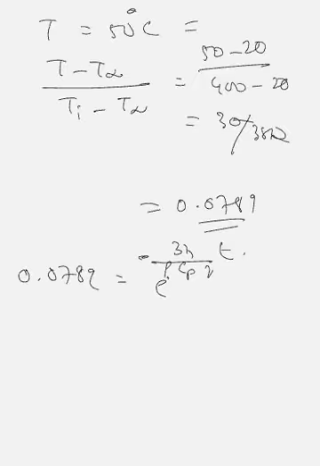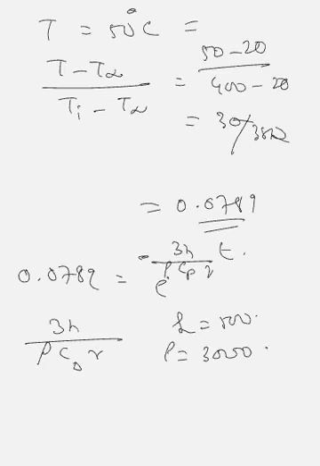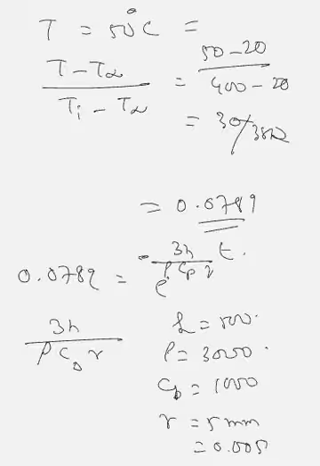Okay, so now compute the constant term carefully. So now calculate 3h by rho into Cp into R. Now substitute the values. H is equal to 500, rho is equal to 3000, Cp is equal to 1000 and R is equal to 5 mm, that is 0.005 m.